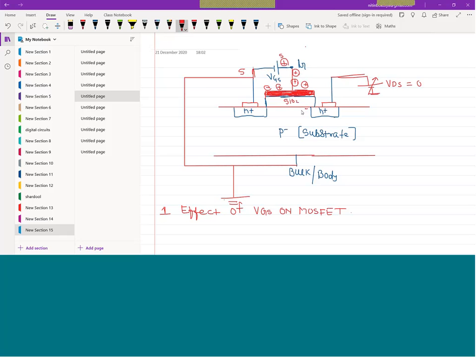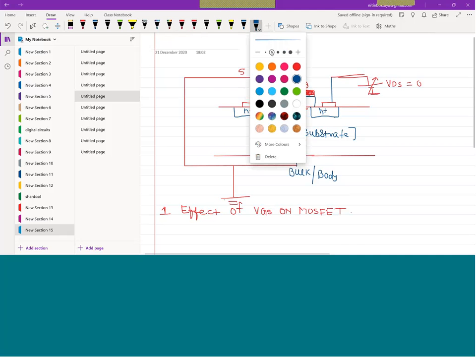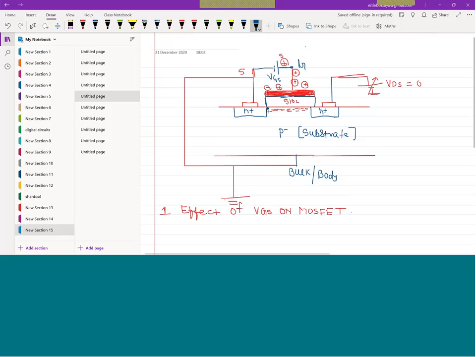So to compensate these positive charges, a layer of negative charges will form here, a layer of electrons, and this layer is known as the channel.